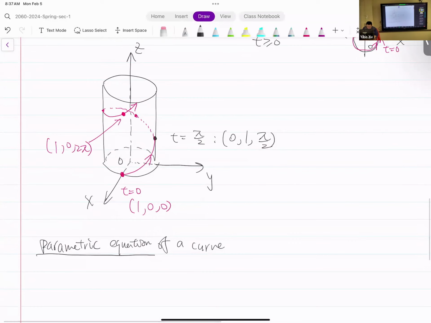But if you want to do the parametric equation, that's just x equal to f of t, y equal to g of t, z equal to h of t. Okay, where t is the parameter.